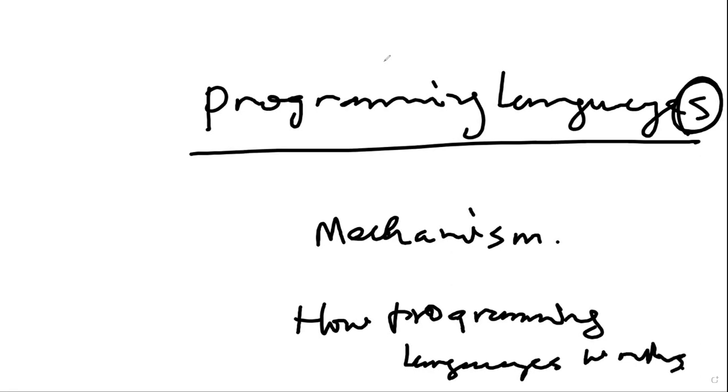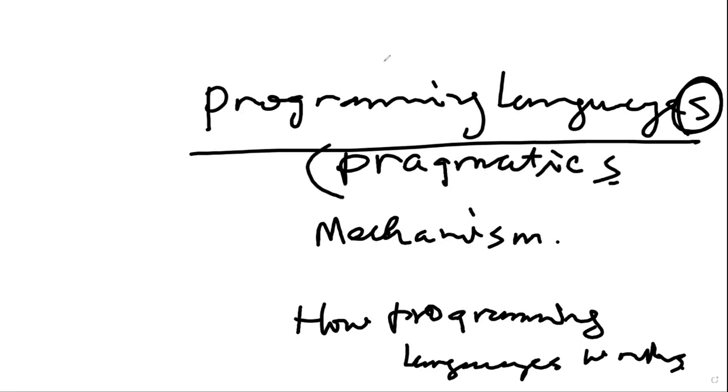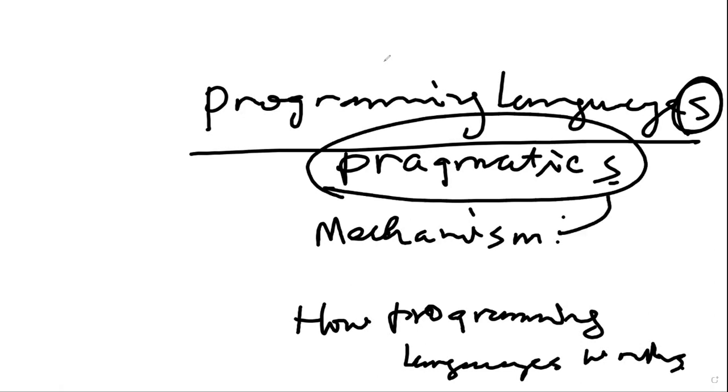Basically we also call it programming language pragmatics. Pragmatics is just like the mechanism: how programming languages work, how Python works, how Java works, how C++ works, how JavaScript works, how Lisp works.